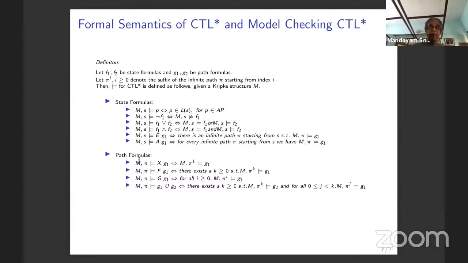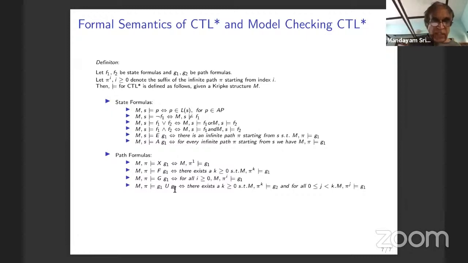That should be there as well, because a state formula can also be interpreted as a path formula, and therefore there must be a rule describing that. Okay, and that is, a path is true of just a state formula, say P, if it is true of the first state of that path.